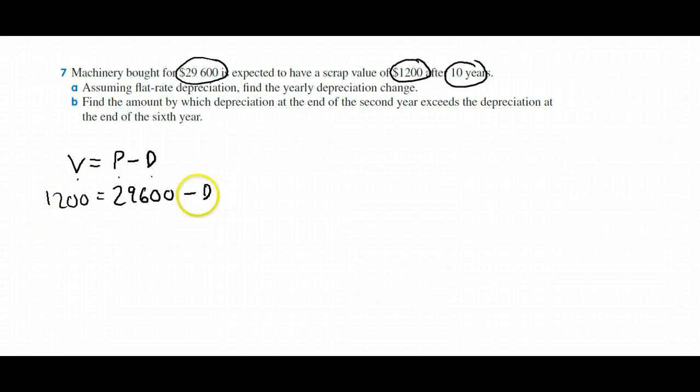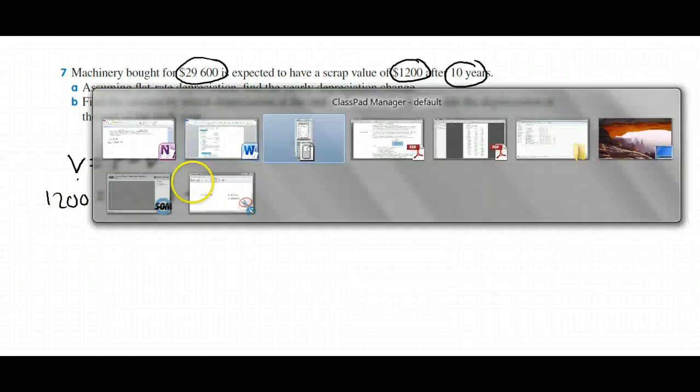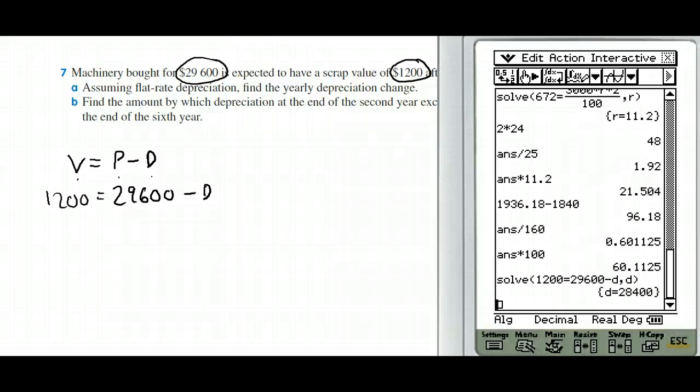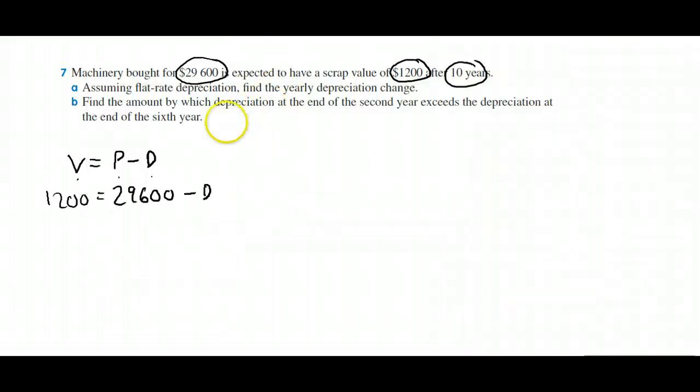So we should be able to work out D from that equation. If we put it into a solve function, solve 1,200 equals 29,600 minus D, we get 28,400 for D.